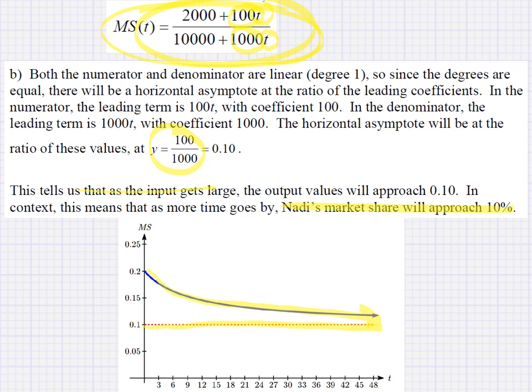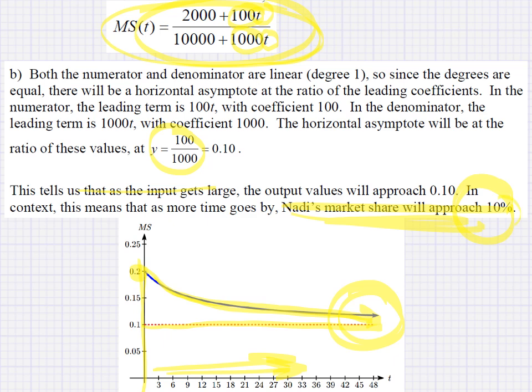She's currently at 20%, right? She's currently here. That's at 0. But as time moves forward, as the number of months moves forward, she will get closer and closer to a market share of only 10%. Her market share will be going down and it will be approaching 10%.